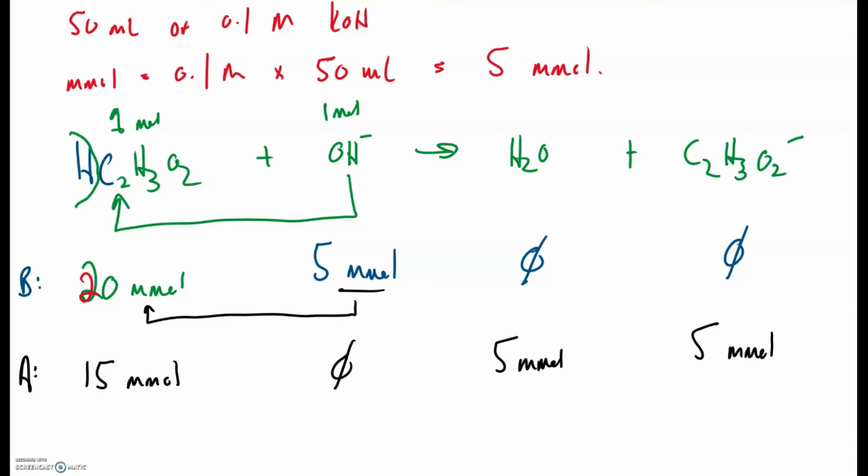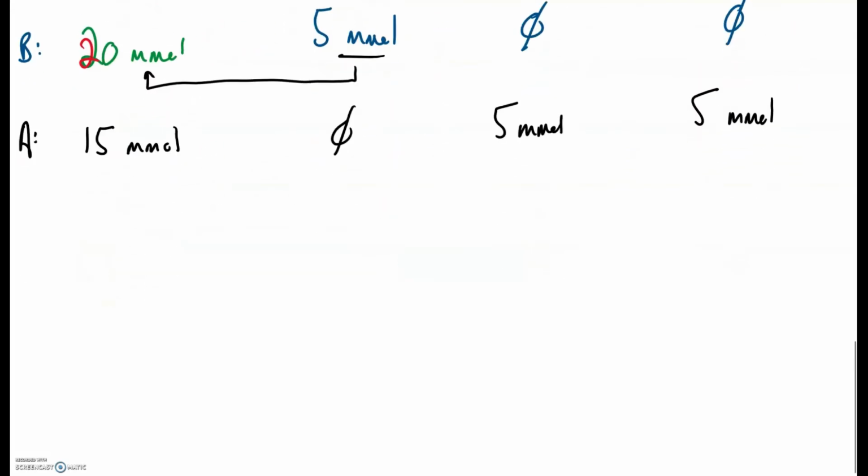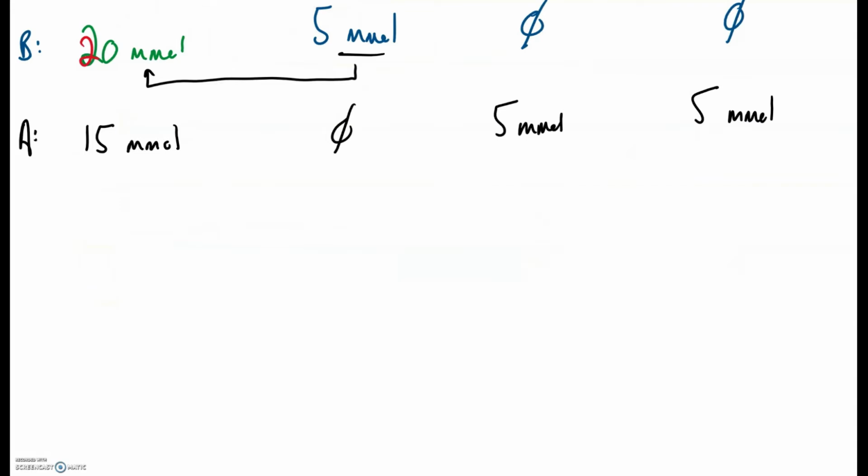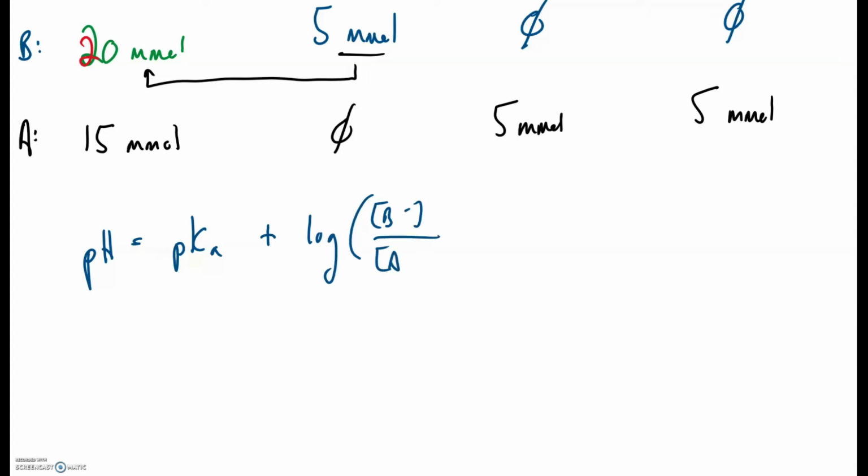So, what is our new concentration? In fact, what we can do is we'll use our new friend, the Henderson-Hasselbalch equation. pH is going to equal pKa plus the log of the concentration of base over the concentration of acid. Well, what's our concentration of acid?